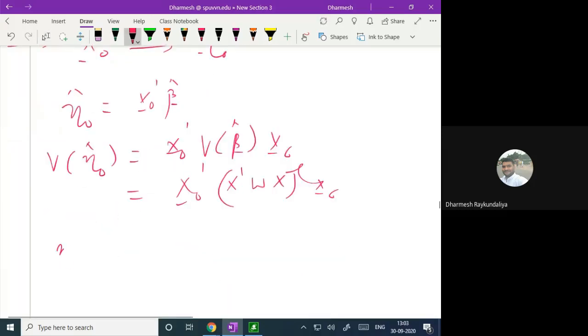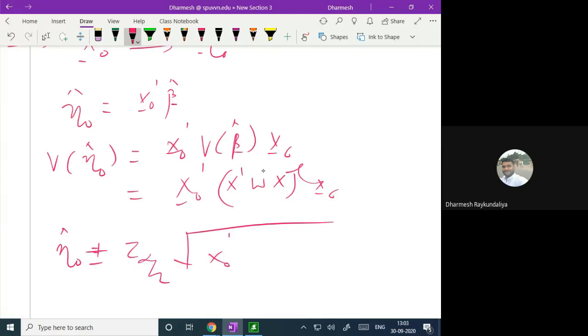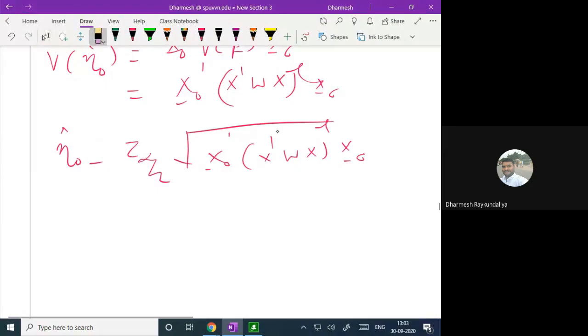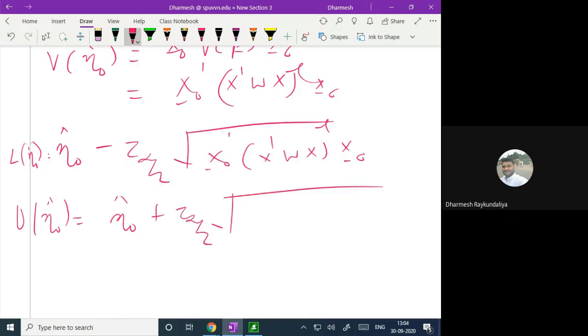To obtain the confidence interval, again it is z alpha by 2 times the square root of x0 dash X dash W X inverse x0. So the lower bound and upper bound of eta 0 cap are eta 0 cap minus and plus z alpha by 2 times the square root of x0 transpose X dash W X inverse x0.